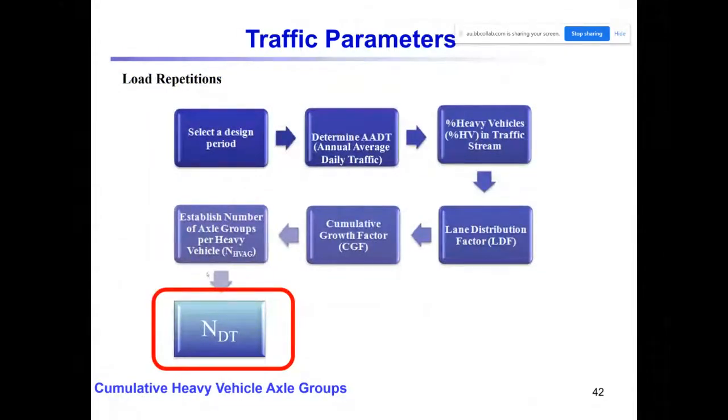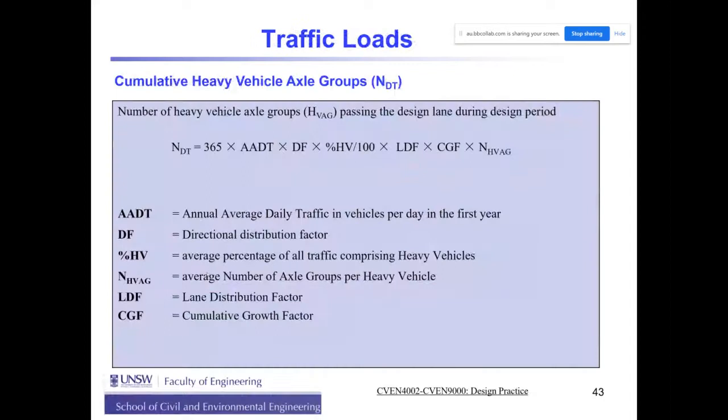And eventually, by having these terms, you can determine parameter NDT, which is the cumulative heavy vehicle axle groups, or the load repetition. So this is the final equation that we have for determination of NDT based on the terms that I explained.